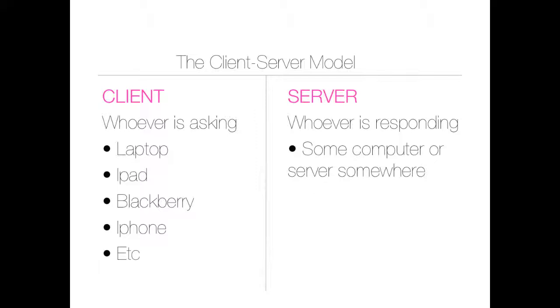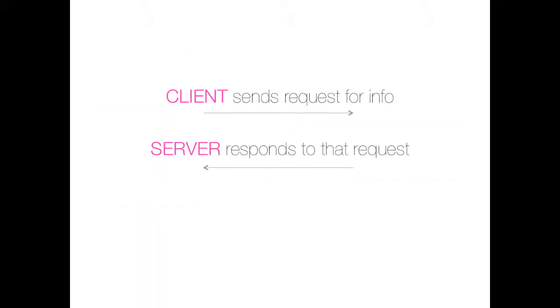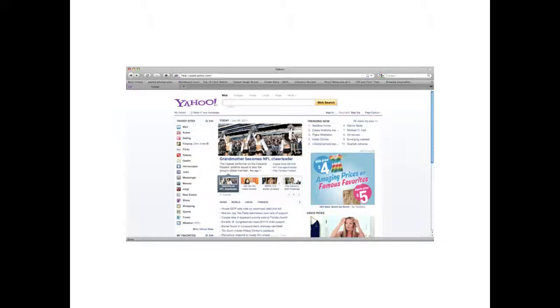An example of a request could be yahoo.com. So the client sends the request for information, and the server responds to that request. If we type in yahoo.com, the server responds by displaying this page.